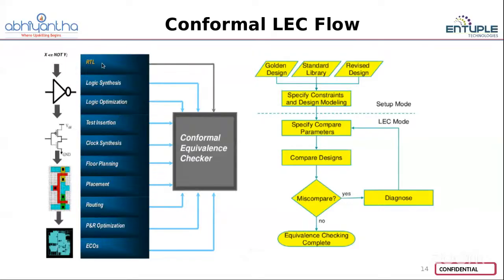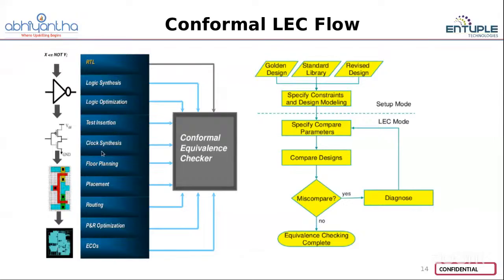You can see here, RTL and logic synthesis can be compared. Then the RTL code and your logic optimization steps: after optimization, the netlist you got can be compared. Then the DFT process, test insertion and clock synthesis: after the DFT process is done, you can also check against your RTL code.